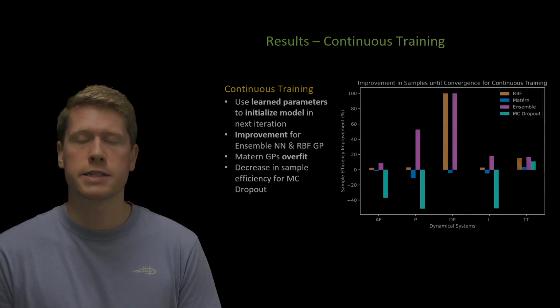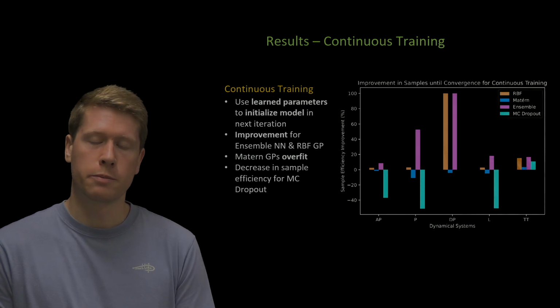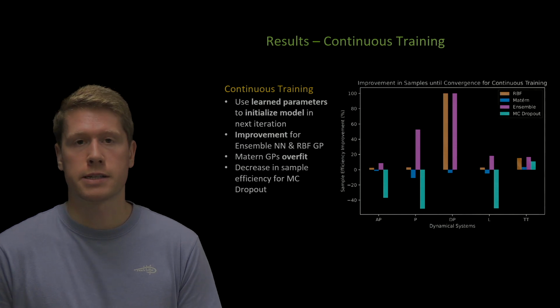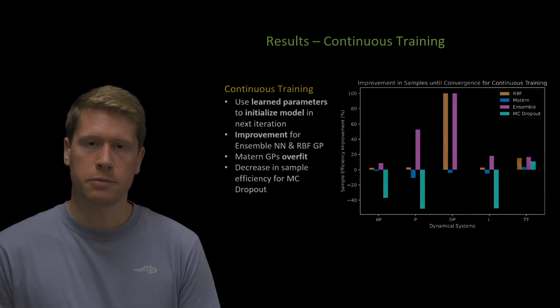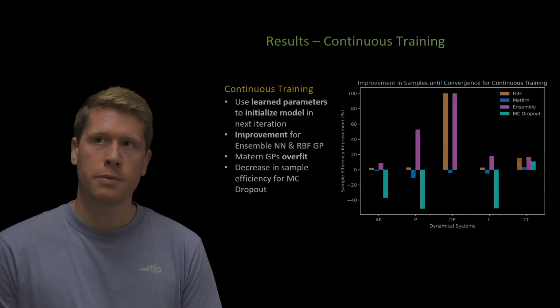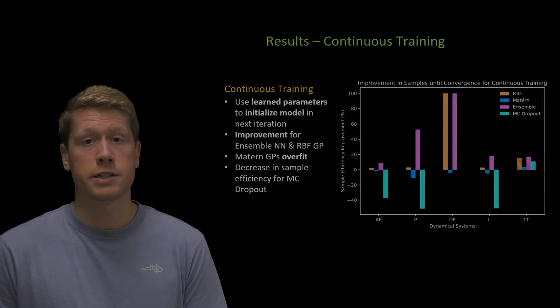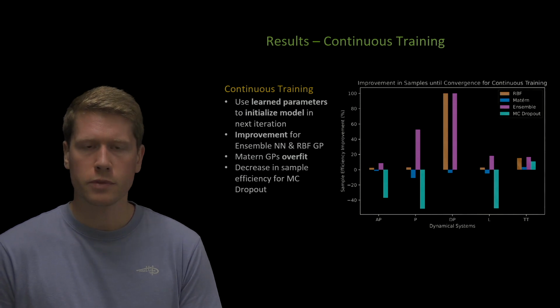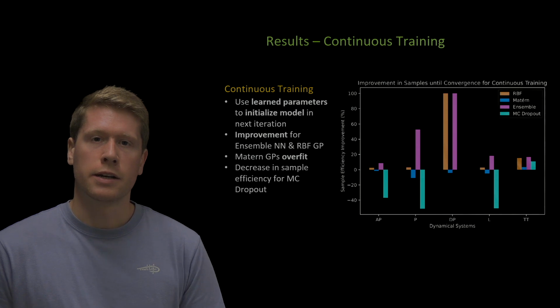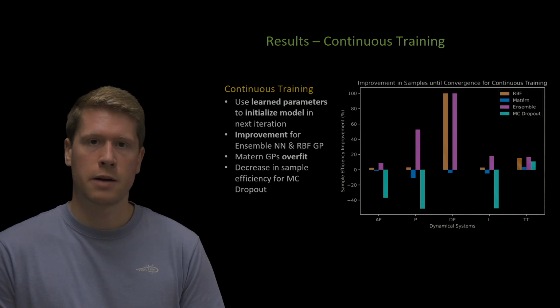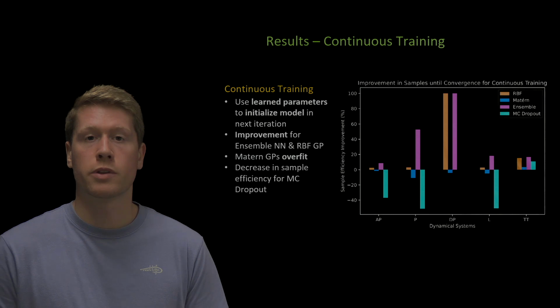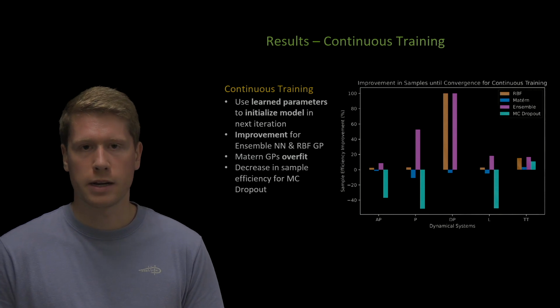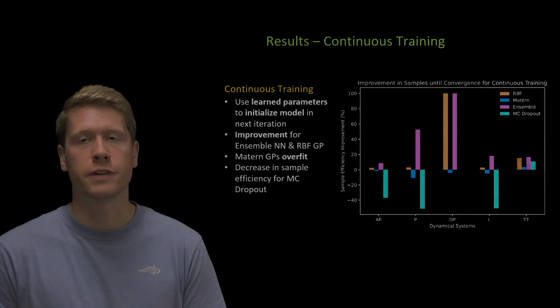For the Gaussian processes, we saw an improvement in performance, in this case measured by sample efficiency, for the RBF kernels, and a loss in performance for the Matern kernel models. The reason for this is that RBF kernels represent a smoother set of functions, so they're less likely to overfit.